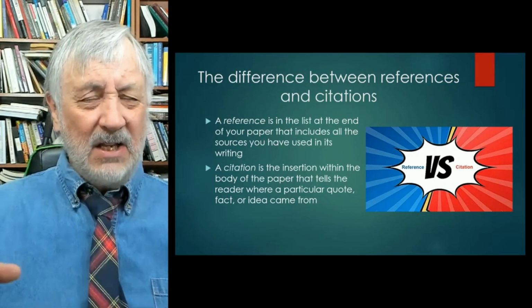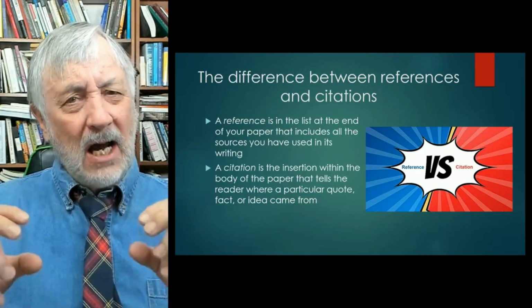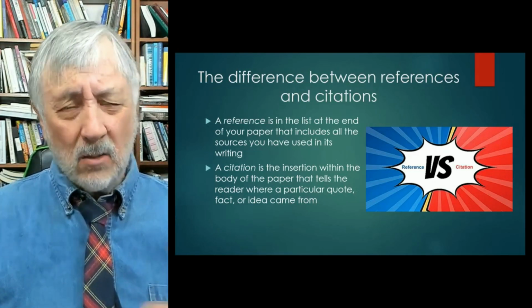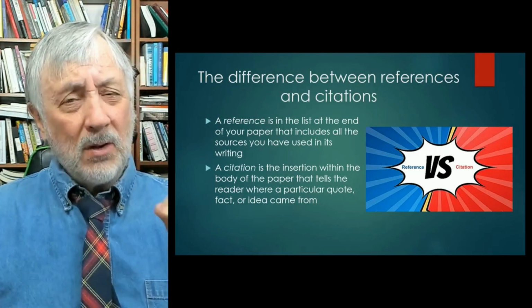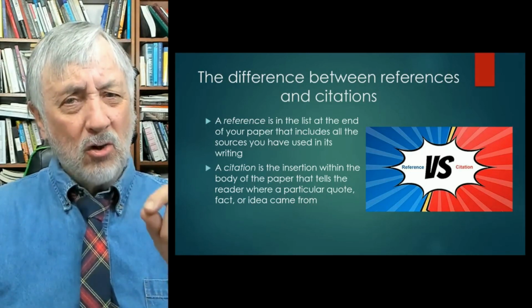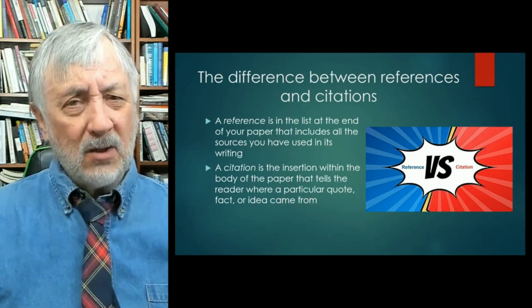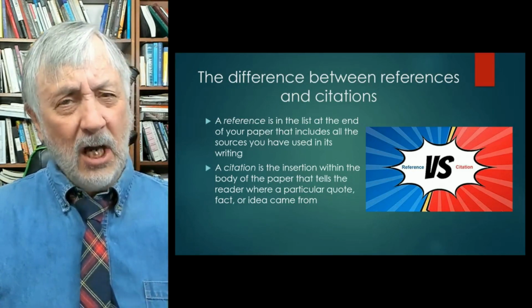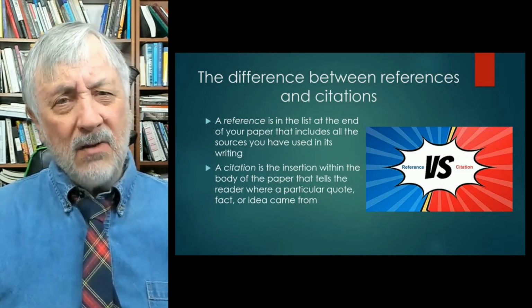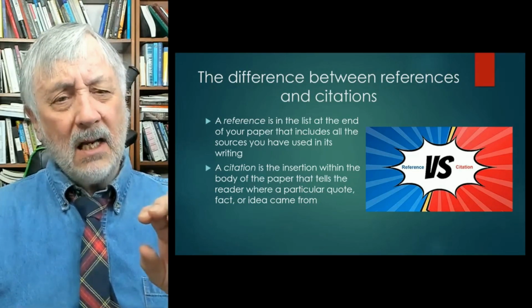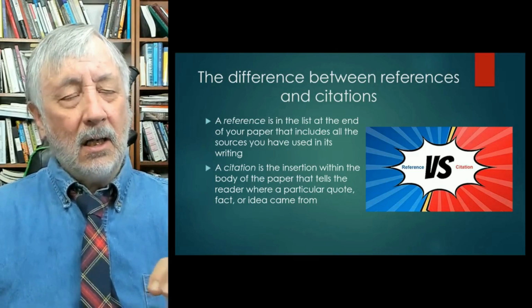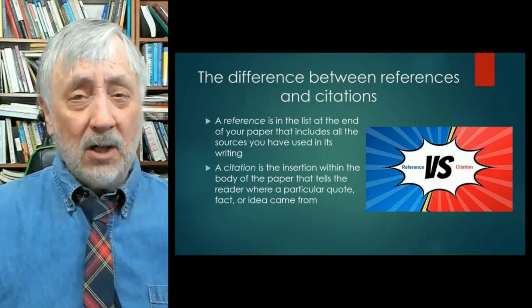And in this, you have complete information as to how your reader can find the articles or books or websites or whatever that you've used, with detailed information on how your reader can locate those. Because remember, what you want to do in your writing is provide the reader with a map, as it were, of how to find out whether what you're claiming is true.